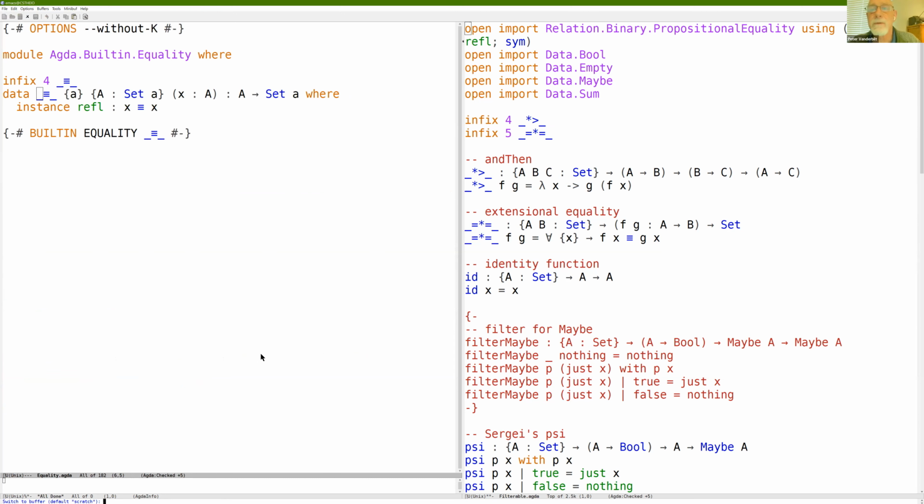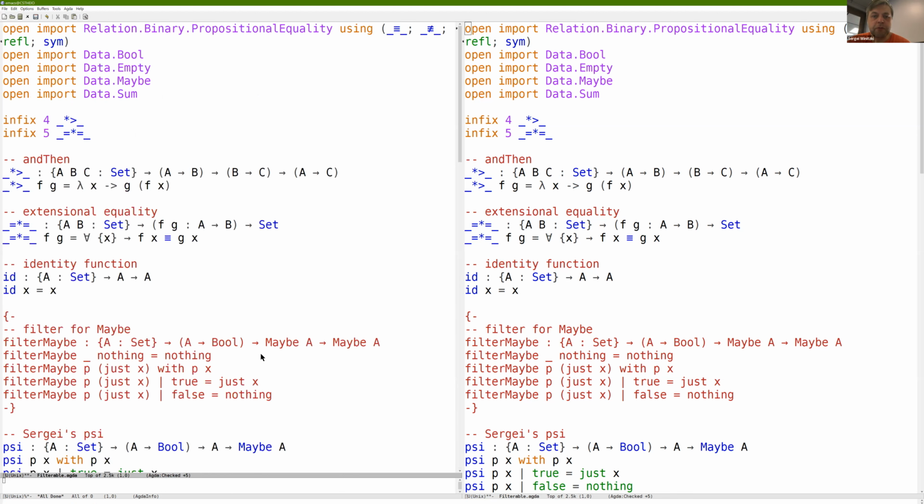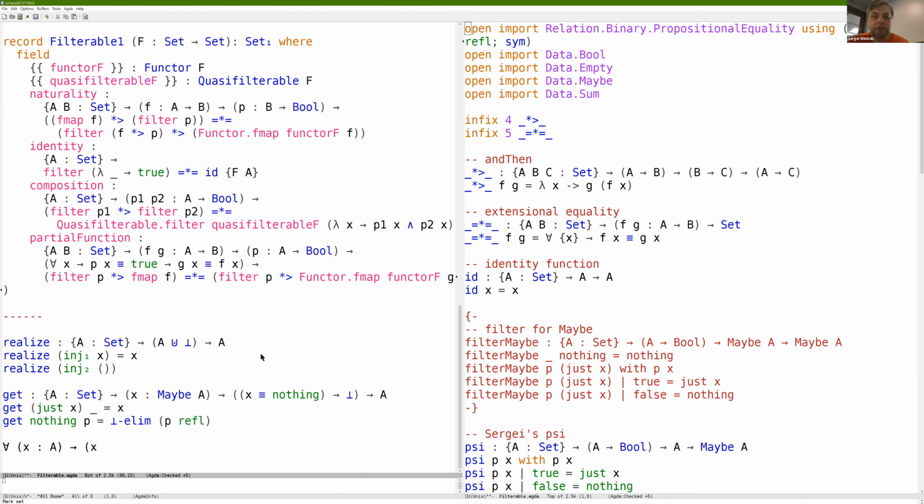Well, what if you modify filter so that it returns not the data, but a data structure containing pairs of X and the proof that X satisfies the predicate or something like this.